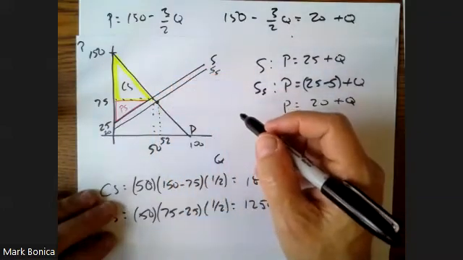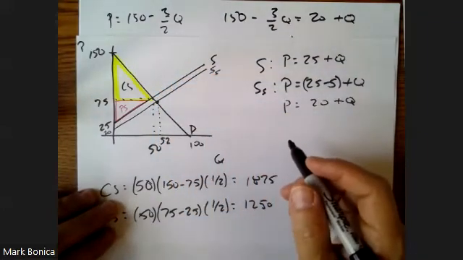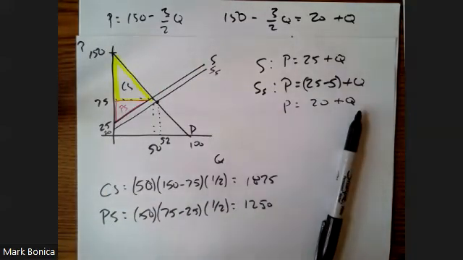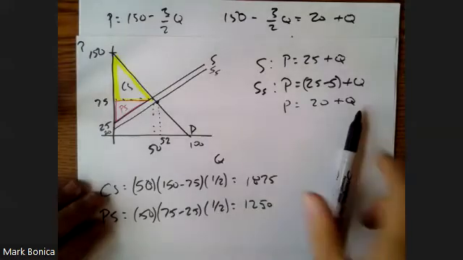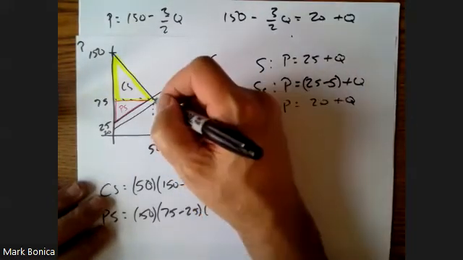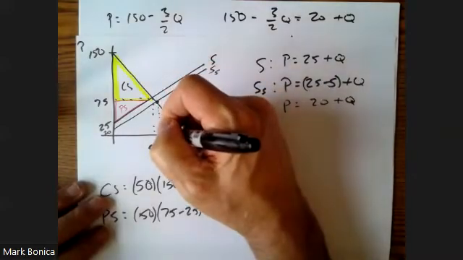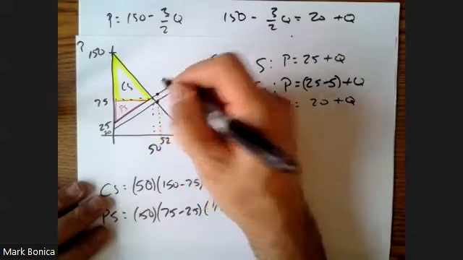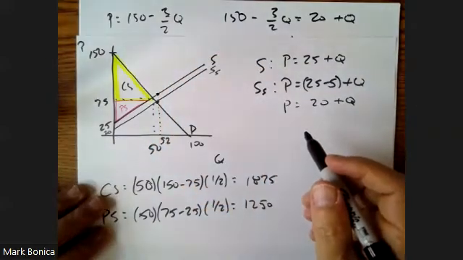So now we say, okay, so if Q is going to be 52, how much is Miss Lowe going to be paid, and how much are the consumers going to pay Miss Lowe? Well, in order to figure out how much Miss Lowe is going to get paid, we have to draw the quantity line up from 52 up to her original supply curve.